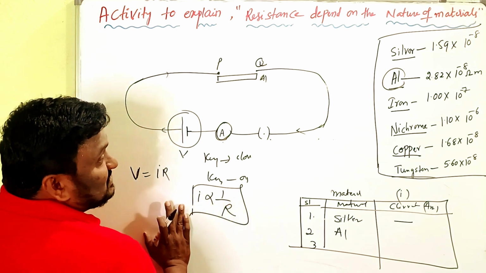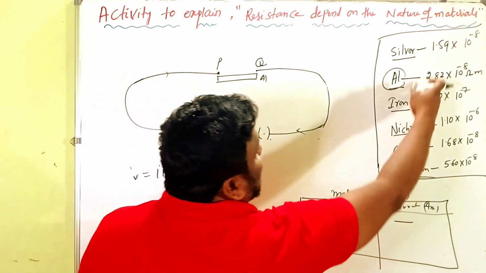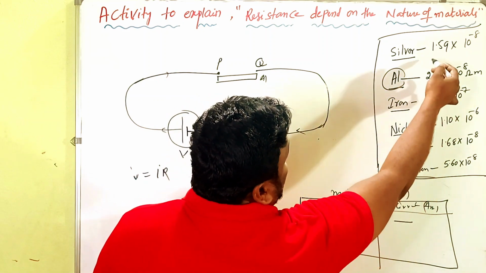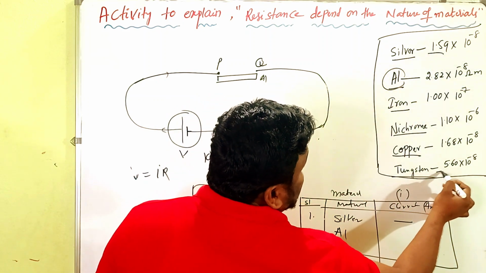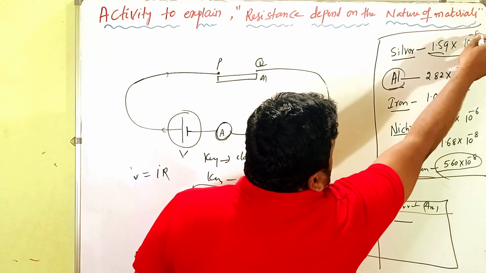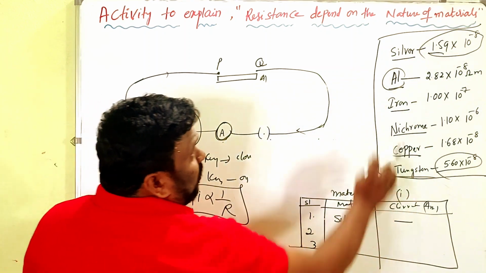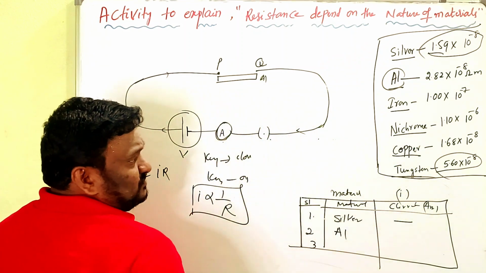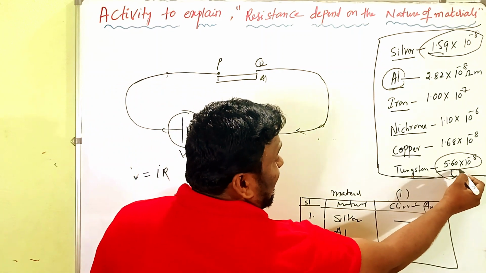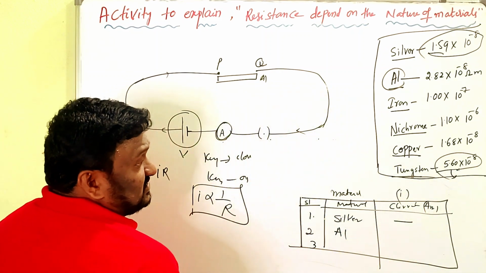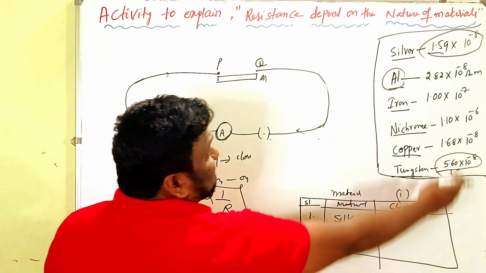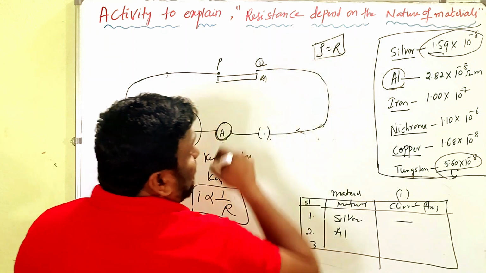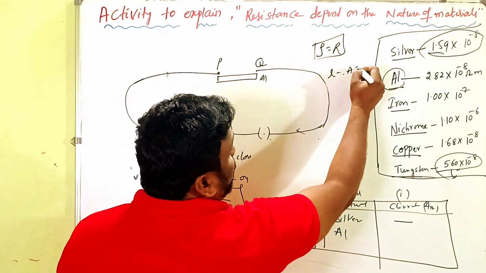For example, I gave some values of resistance here. Suppose we use a silver wire and a tungsten wire. Clear? Silver and tungsten. Among these two, for tungsten we will get the very least value in the ammeter, because it has more resistance. Clear? Children, these are the values of resistivity, and resistivity is nothing but the resistance when L and A are equal to 1.